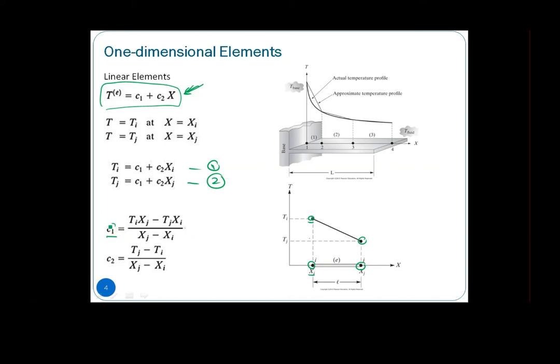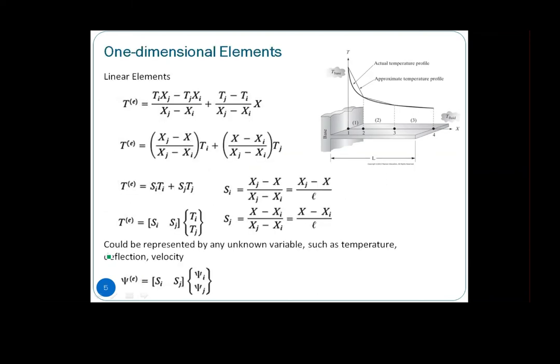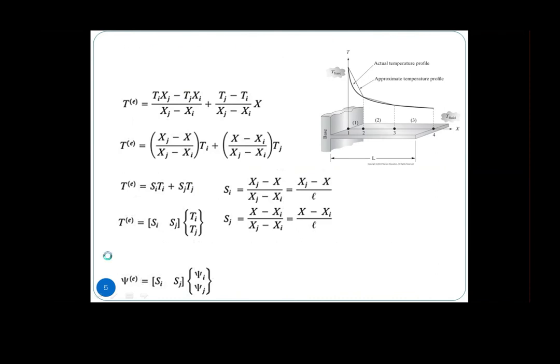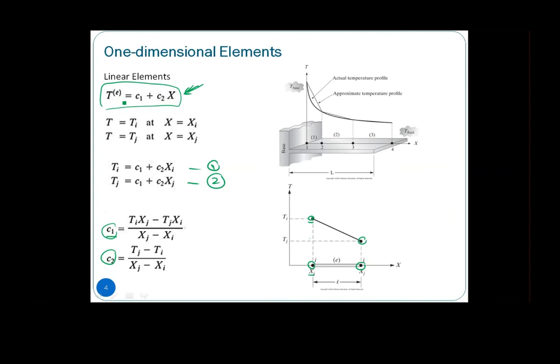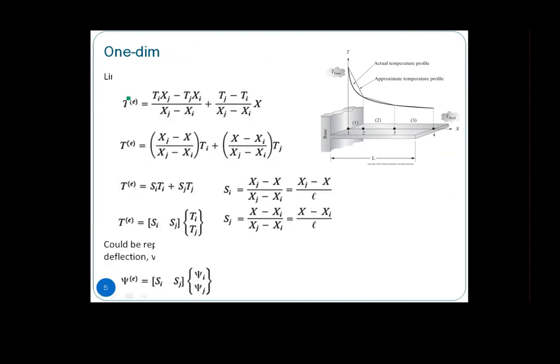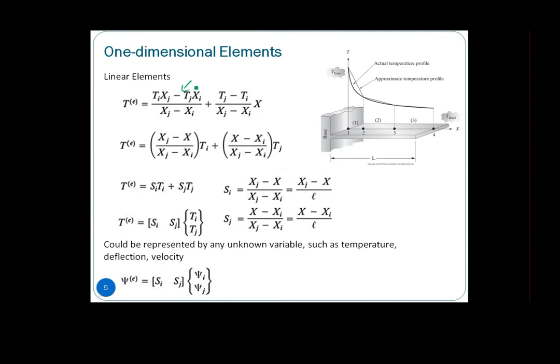So that gives us our C1 and C2. Then we substitute C1 and C2 into the original equation, T element equals C1 plus C2x. Then we have this, this is our C1, this is our C2.